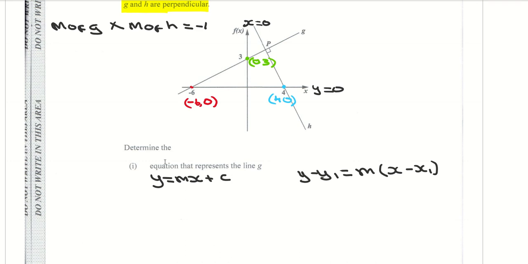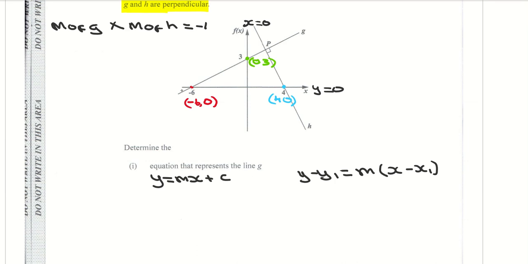Whichever method you want to use. They said line G, that is this line here, and we have two coordinates, 0, 3 and -6, 0.